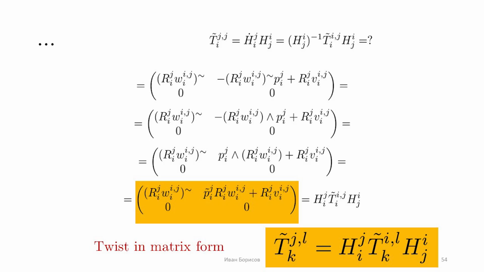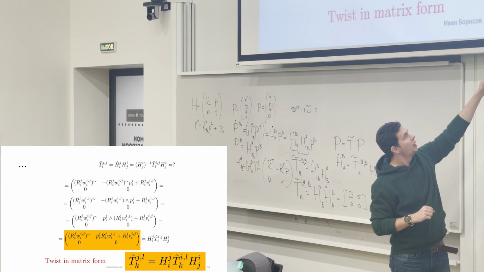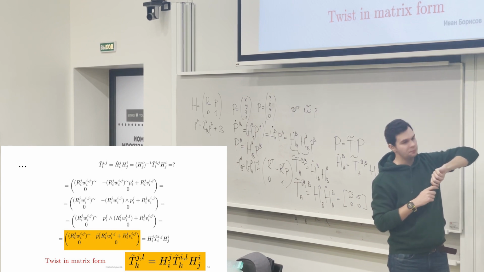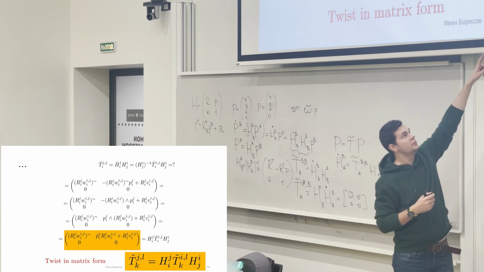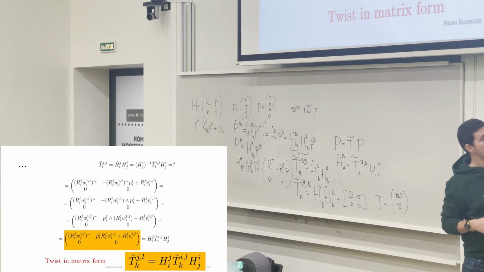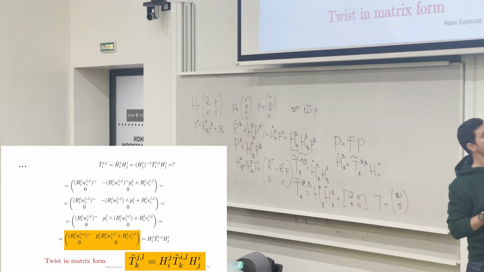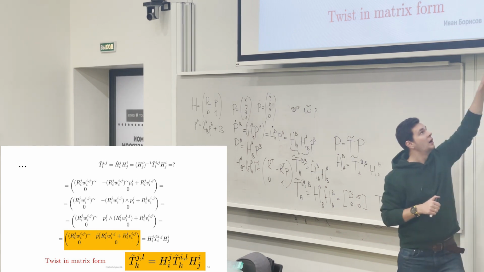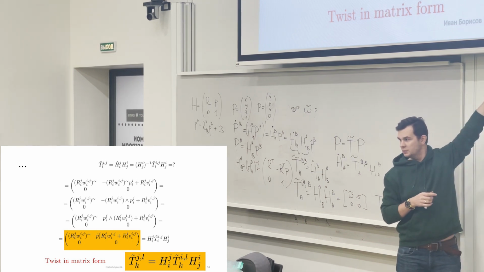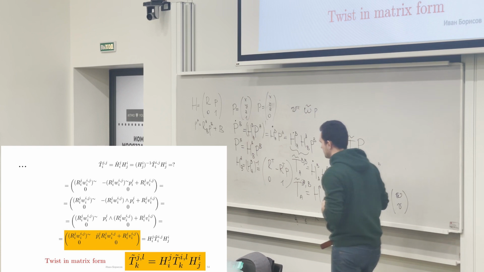And right here you can see, if you have a motion of a body K that moves around another body L, you can express it with another frame J. So here you can see the motion of body K that moves around L, and the motion is represented in the frame I. And you can express this motion in some other frame J if you multiply this with these homogeneous transformation matrices.